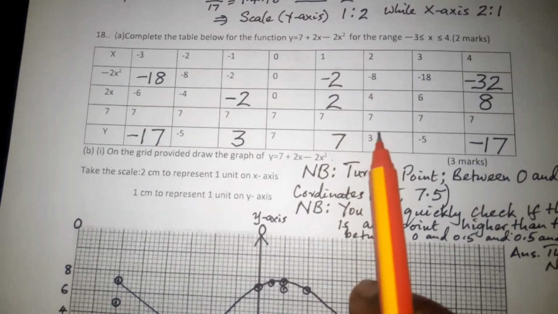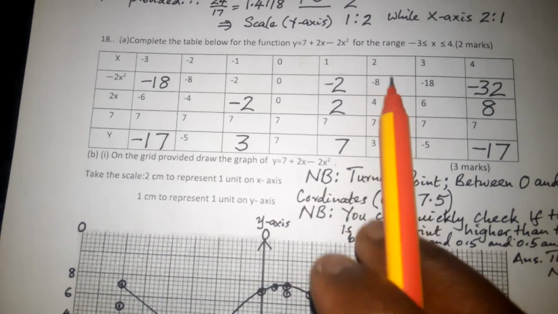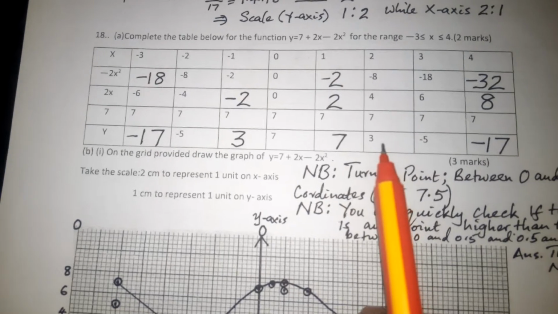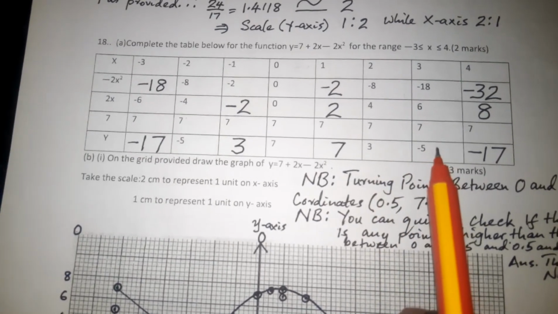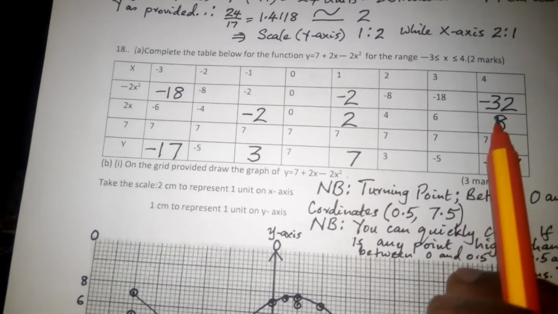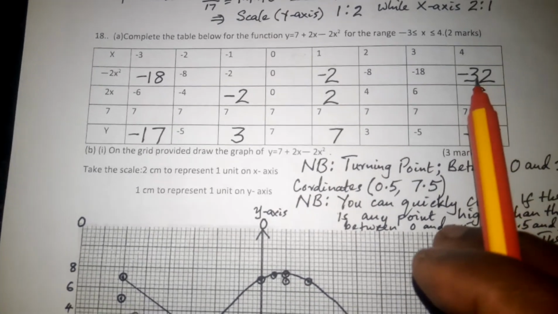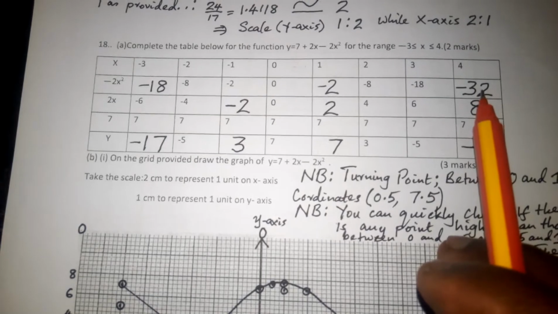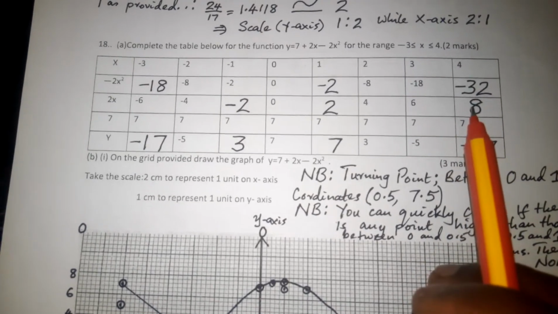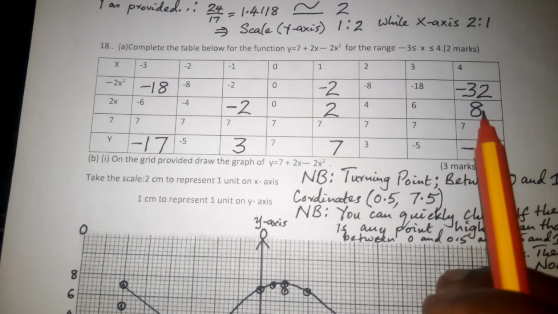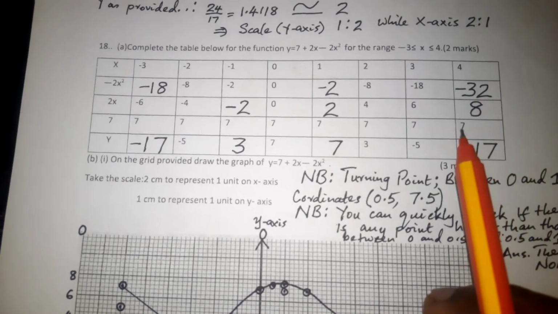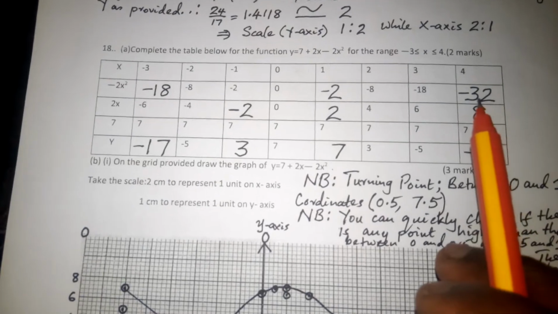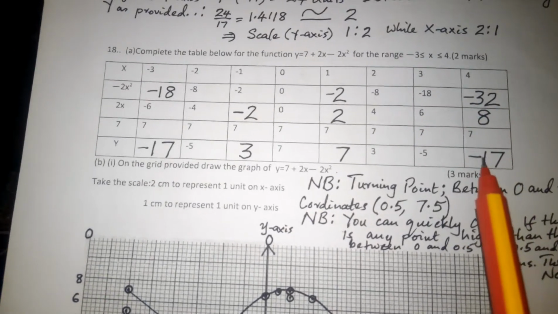The same thing applies to the value x is equals to 2 and y is given as 3. Check that one also for 3, and then confirm that -2 into 4 squared gives you -32, and 2 into 4 gives you 8, and the sum 7 plus 8 plus -32 will give you -17.